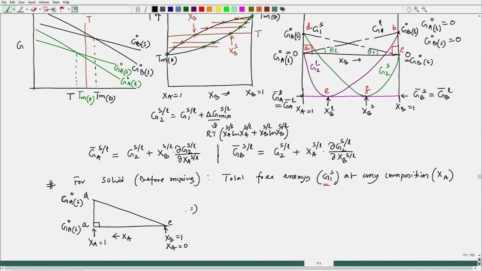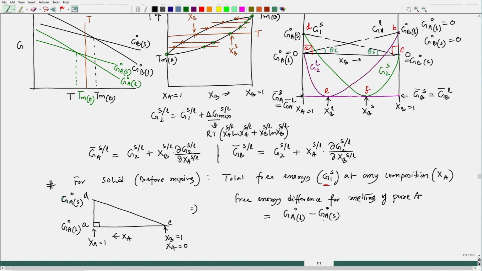Now for this, let us say delta G naught A, let us say M, let me just find out the free energy difference for melting of pure A, which would be G A naught liquid minus G A naught solid.